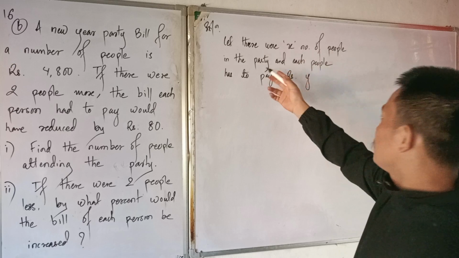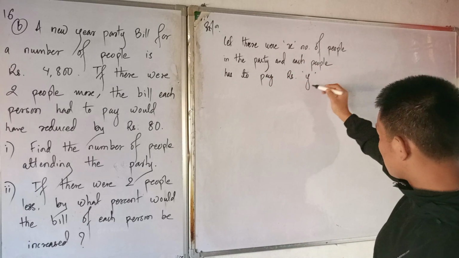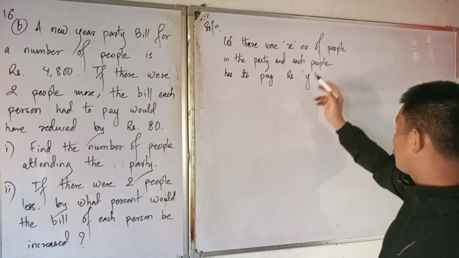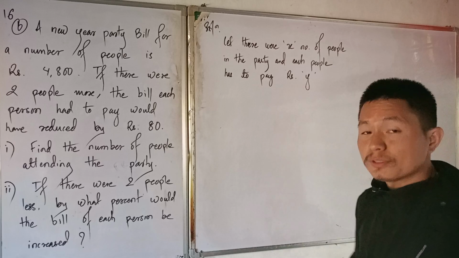So we have considered two variables: x is the number of people, and the cost per person is rupees y.